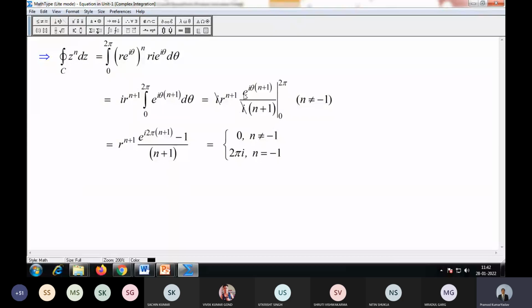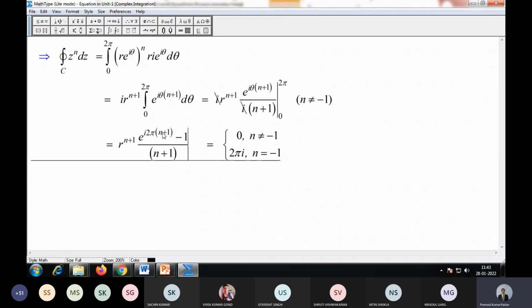So after simplifying, r to the n plus 1, e to the power i theta, from 0 to 2 pi, n plus 1, then divide by n plus 1, then minus 1 at theta equals 0. Now, you all know the value of this one, with n not equal to minus 1.